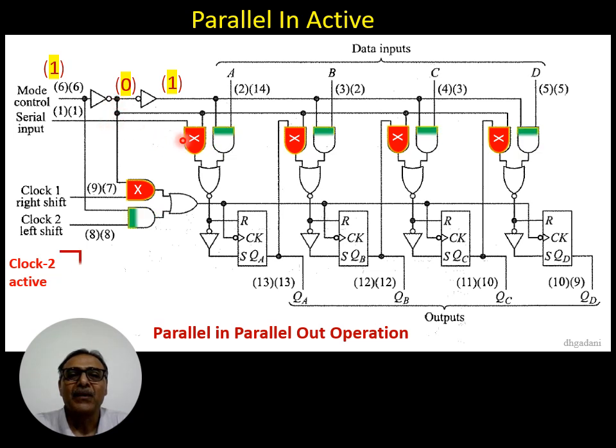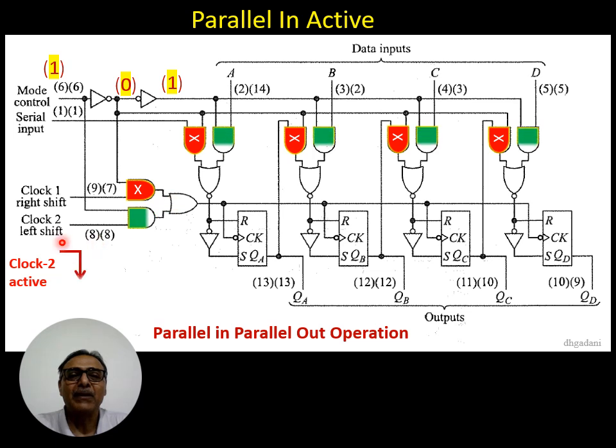Further, as this 0 voltage is applied to these 4 AND gates, these gates become inactive, whereas this high voltage is applied to one of the input pins of these AND gates, so the parallel input pins are active, means we can apply parallel input voltage at pins A, B, C and D.